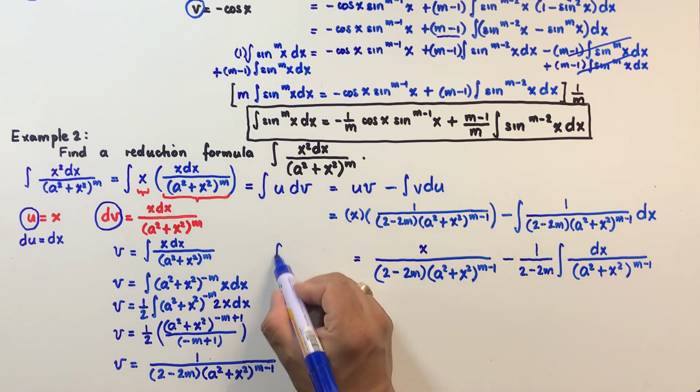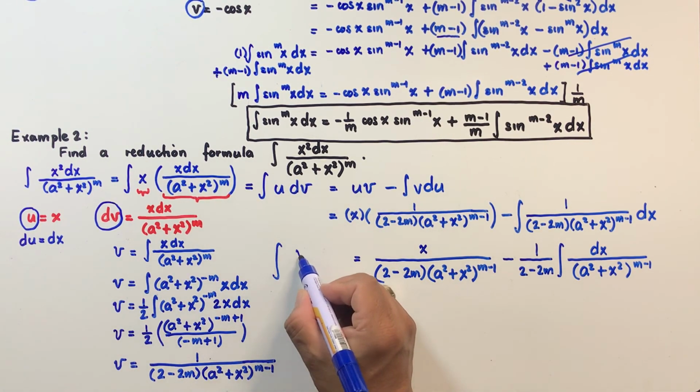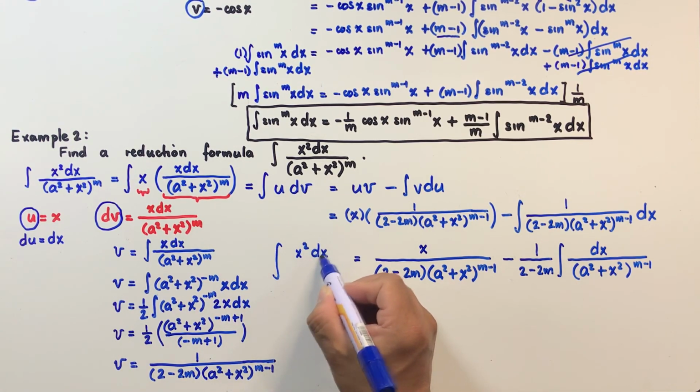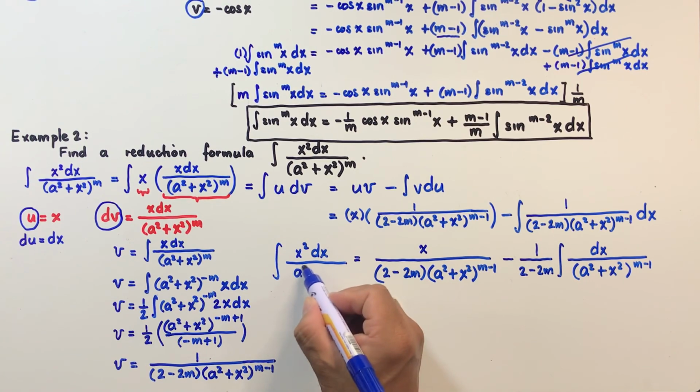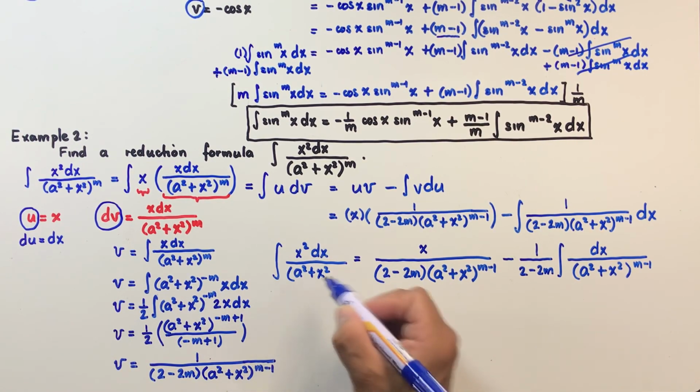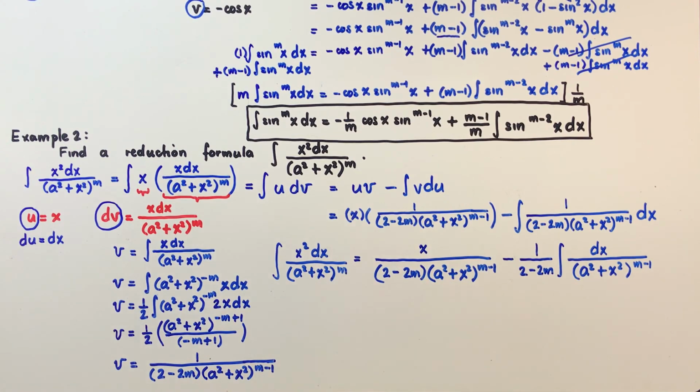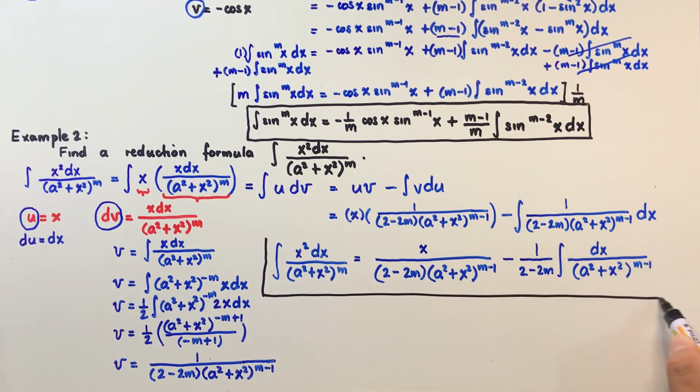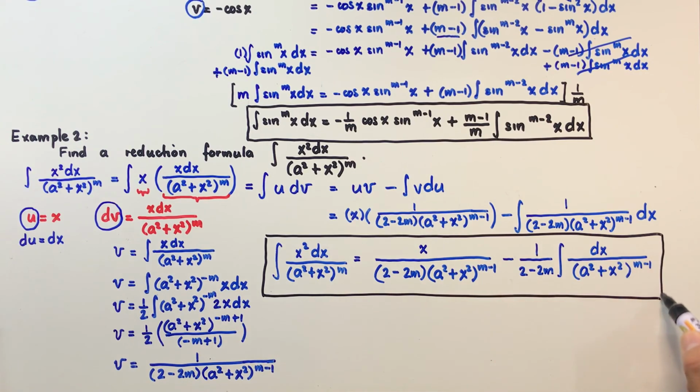And this is our reduction formula for the integral of x squared dx over a squared plus x squared to the power m. And you observe that this is really a reduction formula because our answer involves an integral, but this integral is having an exponent which is 1 less than the exponent here. And you observe that there is no more x squared in the numerator. So this is now our reduction formula here for the given integral.